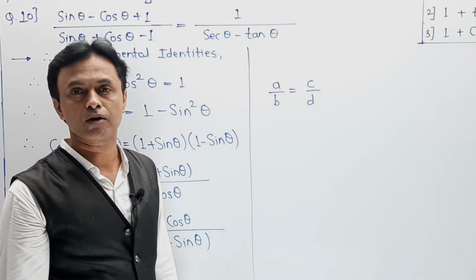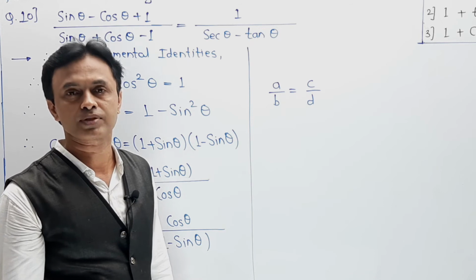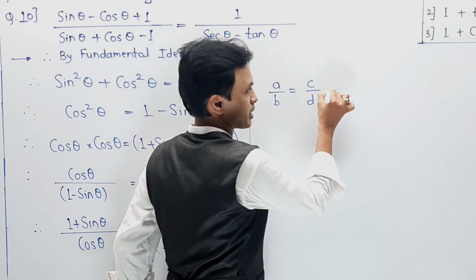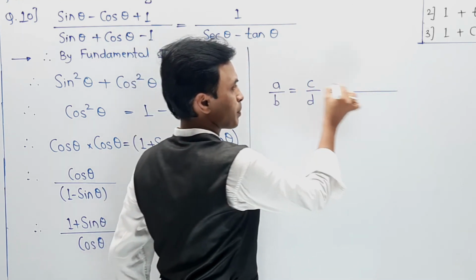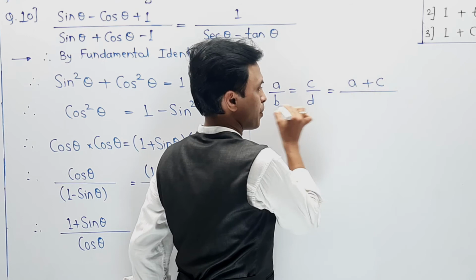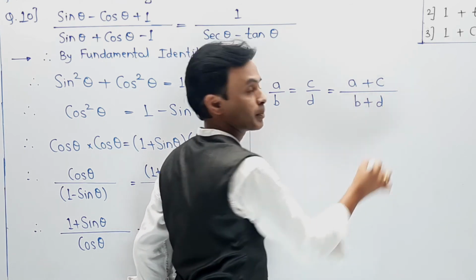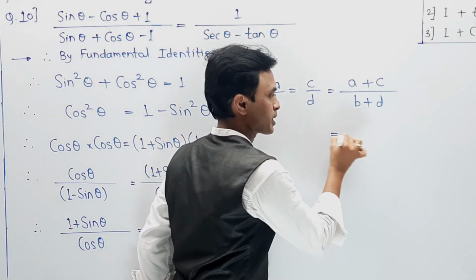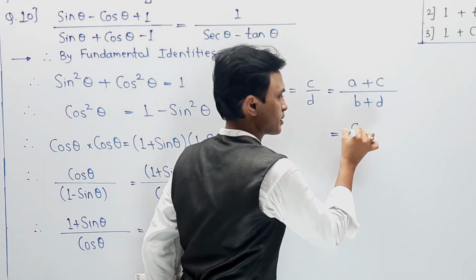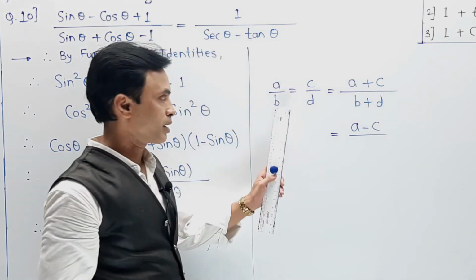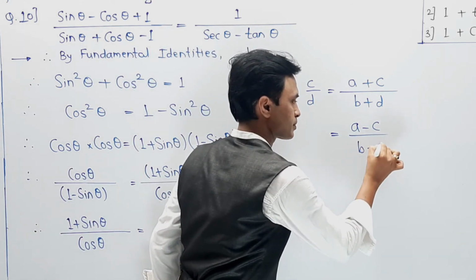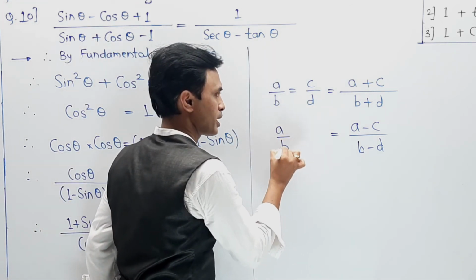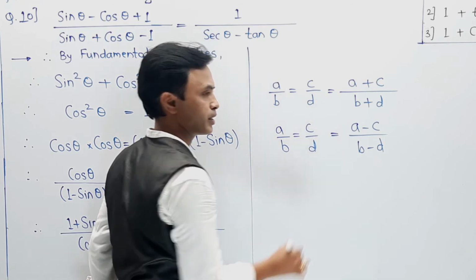Either we can make the numerator an addition or a subtraction, and the same for the denominator; the answer remains the same. The theorem of equal ratio says that A plus C upon B plus D, yes, you can make addition also, and this ratio is still equal. Also if you make a subtraction, A minus C upon B minus D, again in terms of ratio it remains exactly equal to A upon B is equal to C upon D.